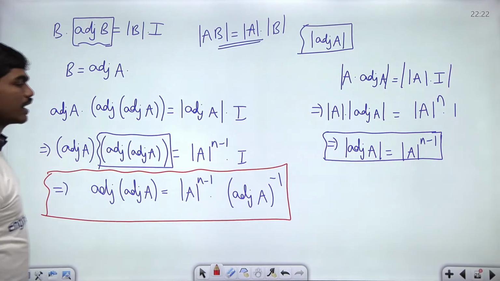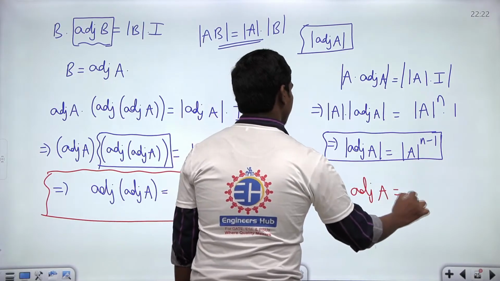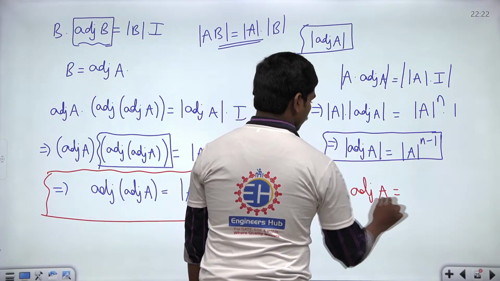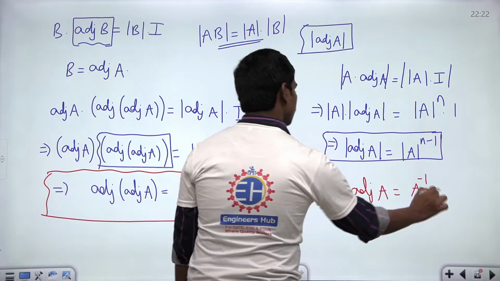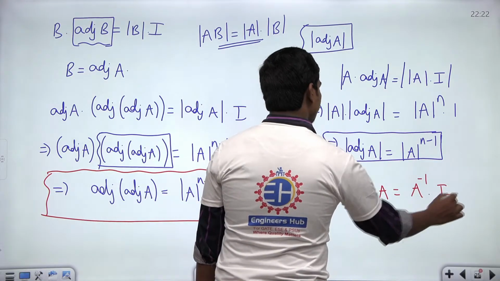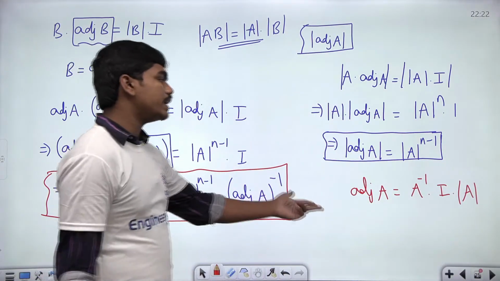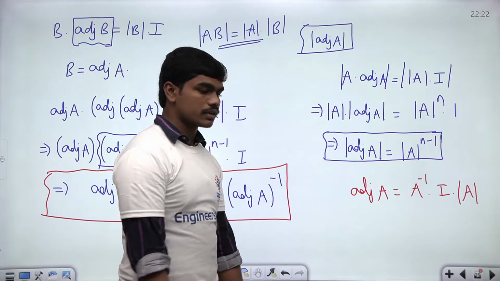And of course you know the formula for adjoint: adjoint A is equal to A inverse into det A. So you can substitute this adjoint of A here and calculate the inverse using that substitution.